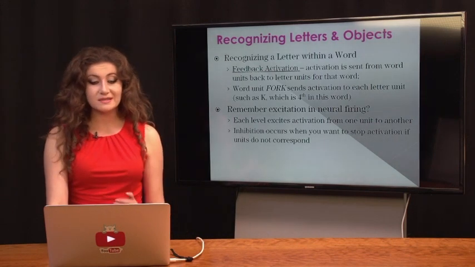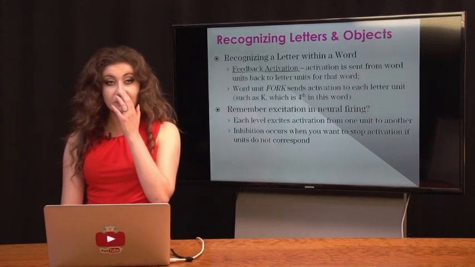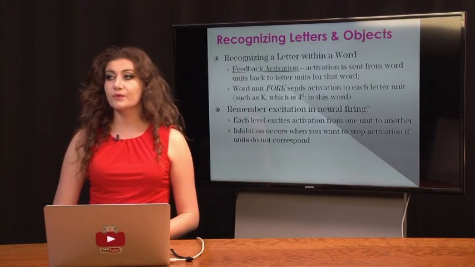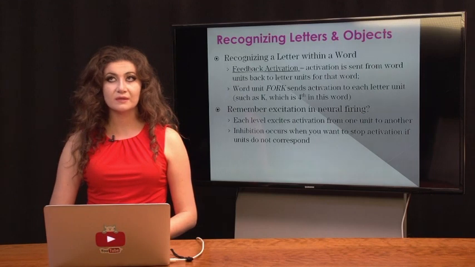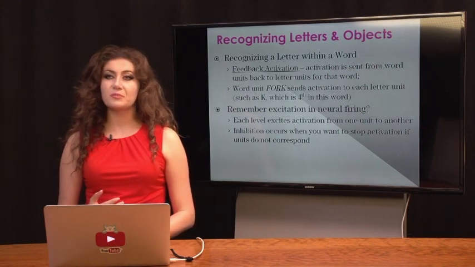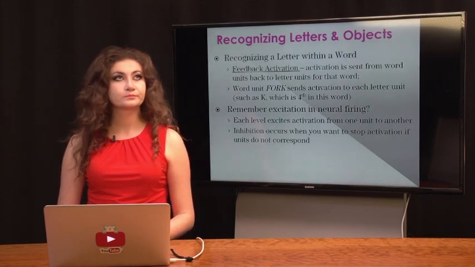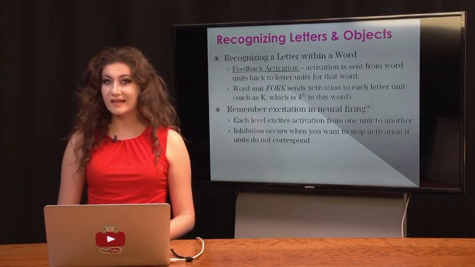Inhibition occurs when you want to stop activation if the units do not correspond. So, for example, let's say the question becomes, name all the words that have K as the last letter. So we said fork, pick, black, and then if you say something like Arkansas, right? K is not the last letter.